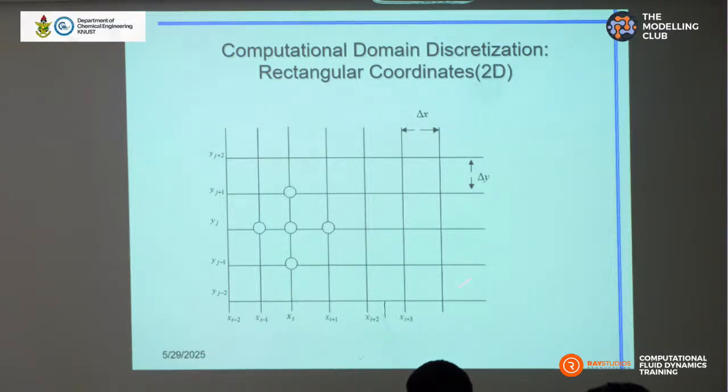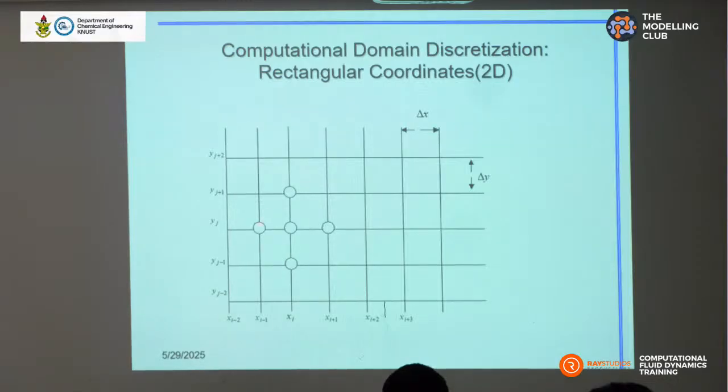When I say I am discretizing this rectangular domain in 2 dimensions, that means I'm going to subdivide my region into equal spaces of delta x, okay, delta x column-wise, and in the horizontal direction here, the rows, I'll have equal spacings of delta y. All right? And so I discretize my domain.